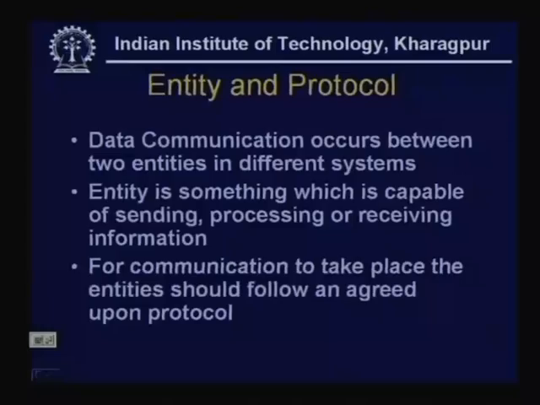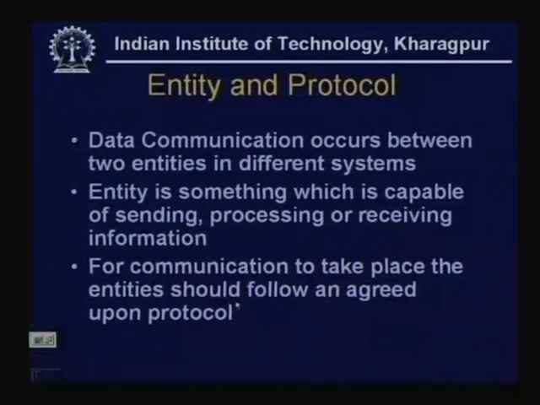These entities will communicate; an entity of layer n will communicate with the entity of layer n of the other side. These active elements within the layer are entities, and they are capable of sending, processing and receiving information. And for communication to take place, the entities should follow an agreed upon protocol.